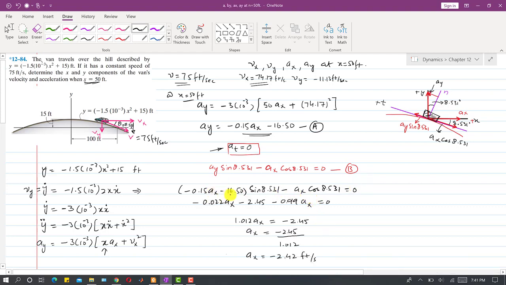Now when we simplify this equation, which is simple mathematics you can do yourselves, ax comes out to be minus 2.42 feet per second square.